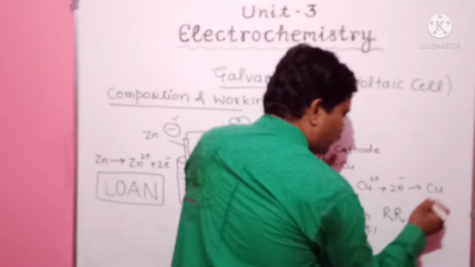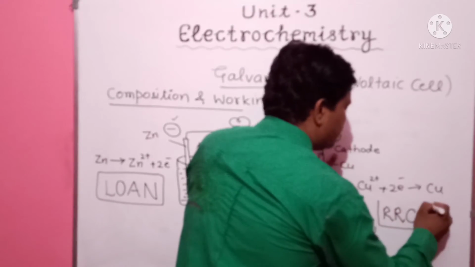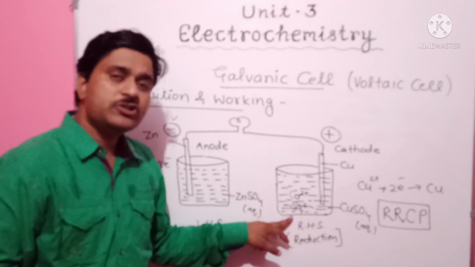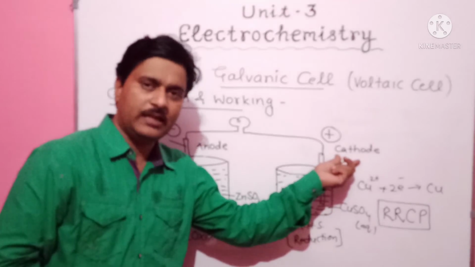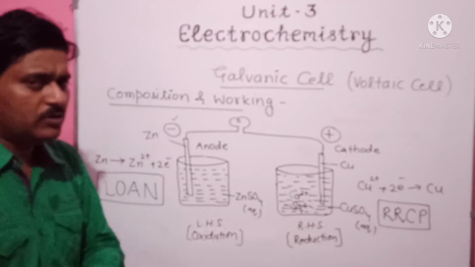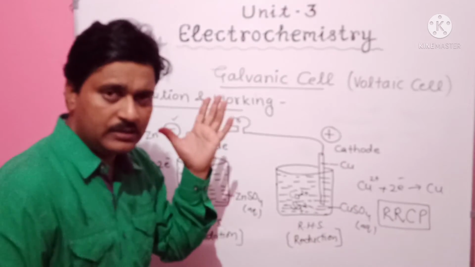So taken as cathode, C, and positive charge, P. RRCP. That will be the short form for the right hand side cathode electrode. Now you have to always keep in mind LOAN and RRCP.